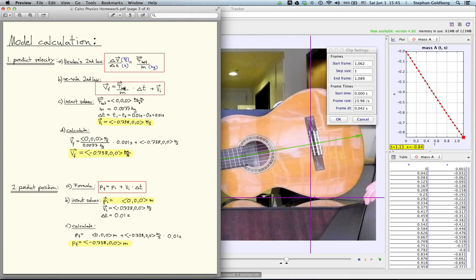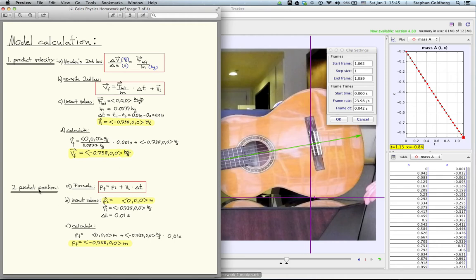So using these values, plugging it into this formula, we obtain the final velocity vector, and we observe that the final velocity vector is the same as the initial velocity vector. That is understandable because there are no forces acting upon the coin, and therefore the coin maintains the same velocity throughout the experiment as it moves through space.